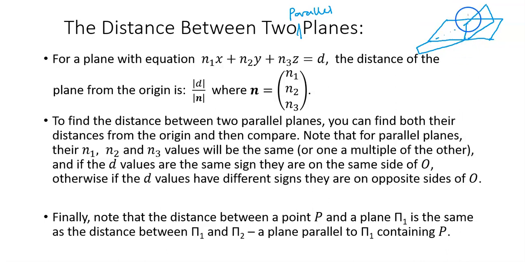The point is they're going to intersect along a line if they're not parallel to one another, and that means that the shortest distance between any two points is 0. It's where they meet. Meanwhile, the longest distance will be, I guess, infinite. So yeah, when we're finding the distance between two planes, we want to find the distance between two parallel planes.